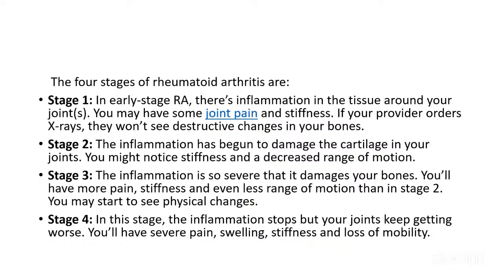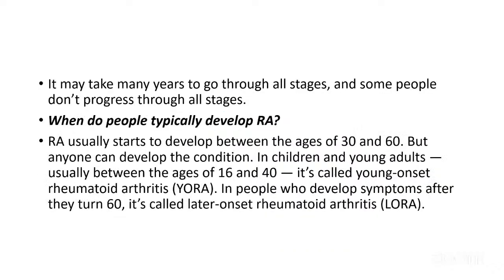And then in stage 4, the joint becomes worse, and there's extreme pain, there's swelling, there's total stiffness, and absolute loss of mobility. It may take many years to go through all the stages, but some people don't progress through all the stages. There's always an intervention, and then you'll not be able to get to all the stages.